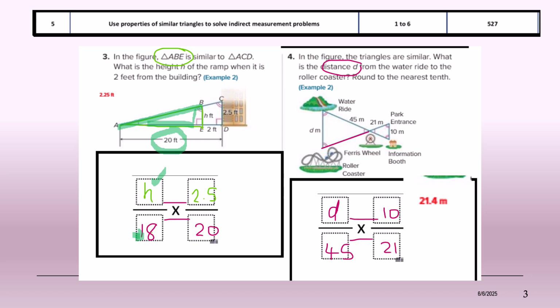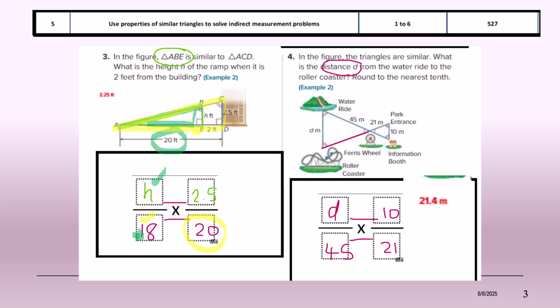Remember, the bigger triangle is 20, as you can see in the next proportion. So we want the measure of ABE, so it will be 20 minus the 2, which gives me 18. And this is my bigger triangle.